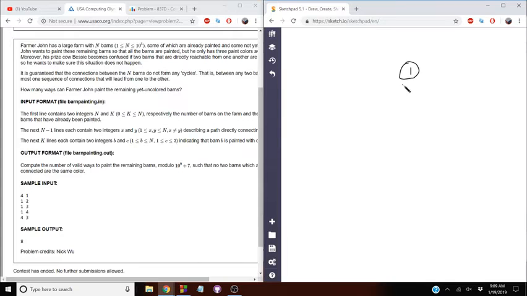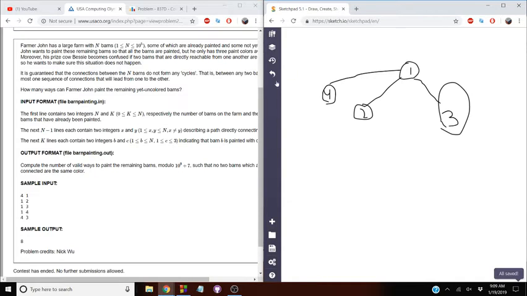So you have node 1 connected to node 2 and 3 and 4. Alright, cool. I'm sorry about this big 3 thing. There we go. Actually, I'll just redraw that.